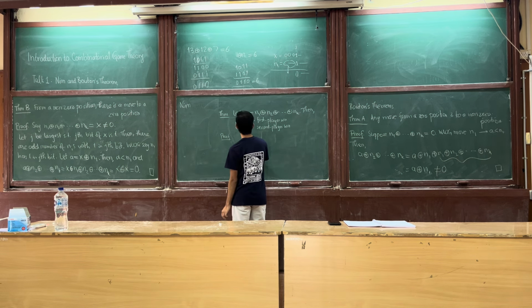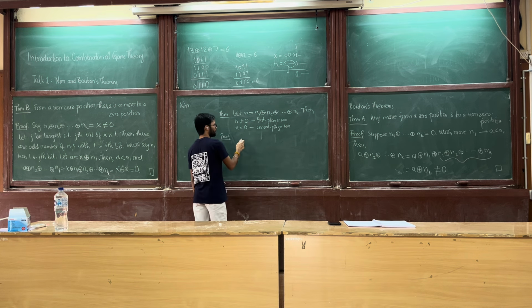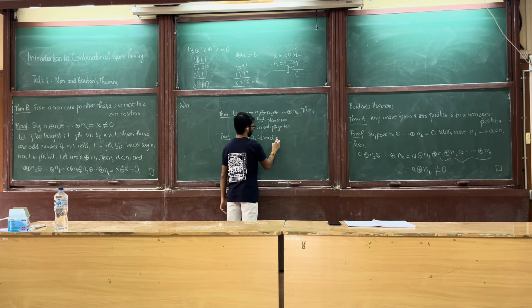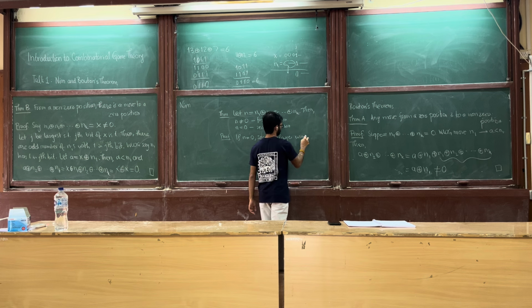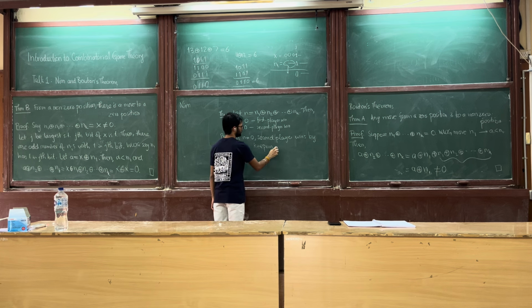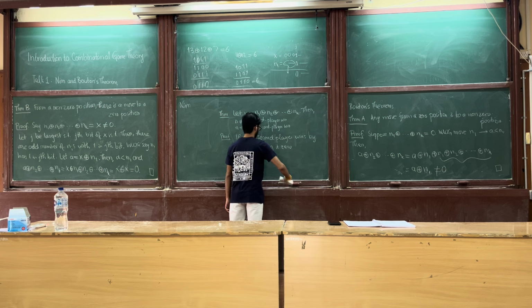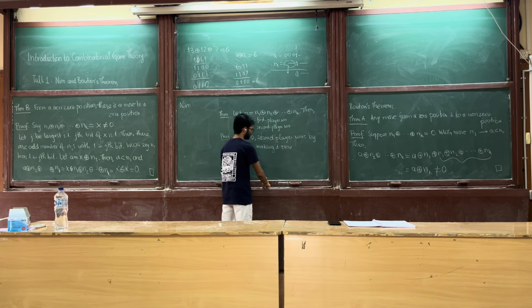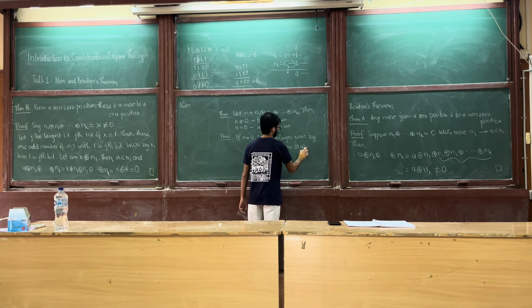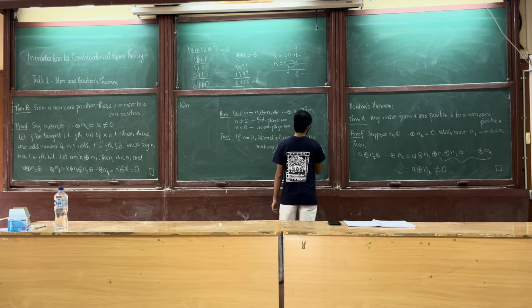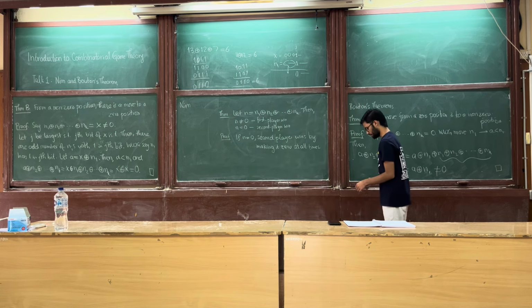So let's type it down. If n equals 0, the second pair wins by making it a 0 position at all times.